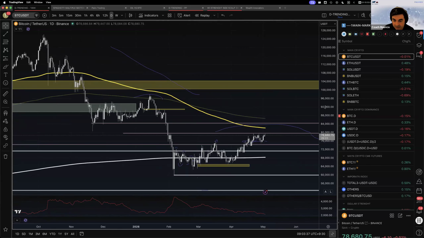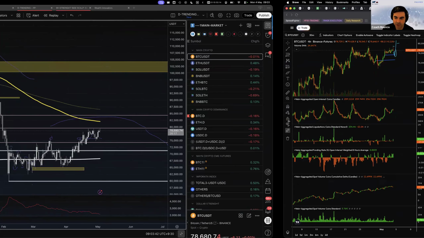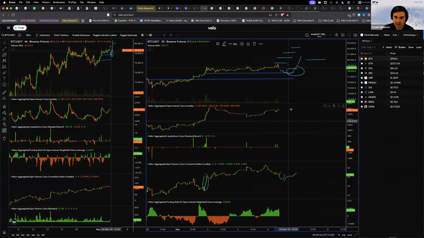Should I short here? I'm tempted to short, but based on the CVD volume, still, I'm not. What needs to happen for me to short? Two things.